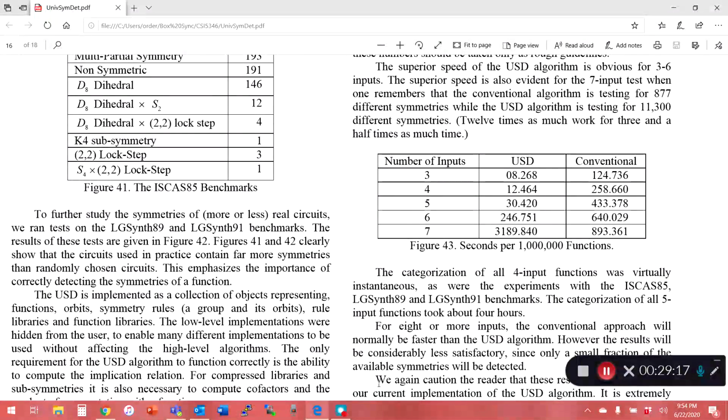Notice that the universal symmetry detection algorithm is considerably slower than conventional symmetry detection once you go to 7 inputs. For 6, the universal symmetry detector is much faster. The reason for the jump there is that we had to express our truth tables in 2 words instead of 1. That doubled the amount of computation and so slowed things down there.